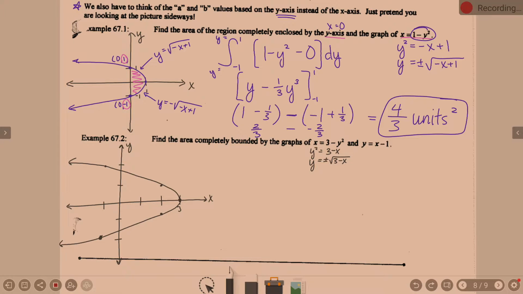Now, the nice part about y equals x minus 1 is that it's ready to graph. It's not ready to integrate, but it's ready to graph. So y equals x minus 1 is a line that has a y-intercept of negative 1 and a slope of 1, which means it goes up 1 over 1.